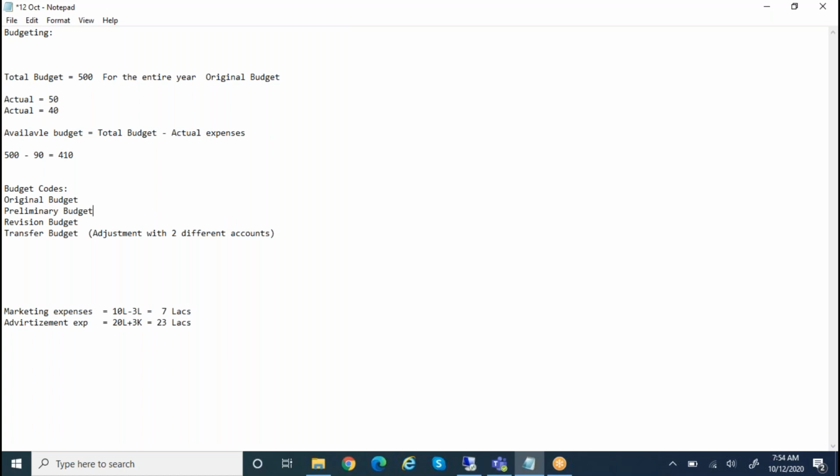Otherwise, for government organizations, without a budget you cannot use a single rupee or single dollar. Budget is a must. For semi-government and government sectors, usually we use these budget figures. If the budget is not configured, you cannot use even one rupee.